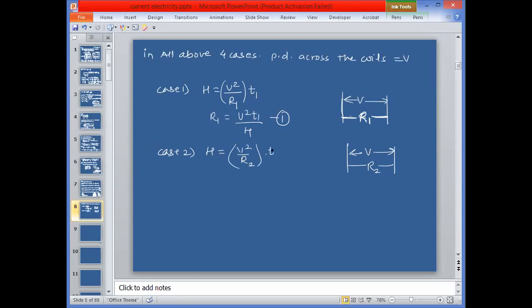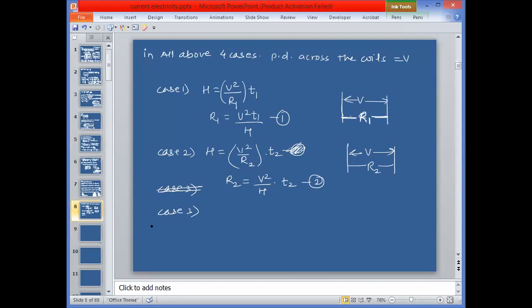And the time required is T2. T1 and T2 are given to you, 15 minutes and 30 minutes. Of course, you can find R2 from this. R2 is equal to V square upon H into T2. Everyone just keep on observing the things, okay?